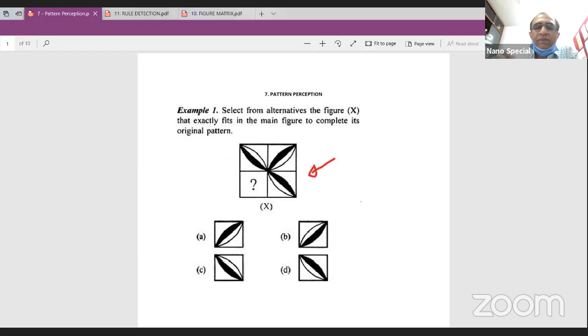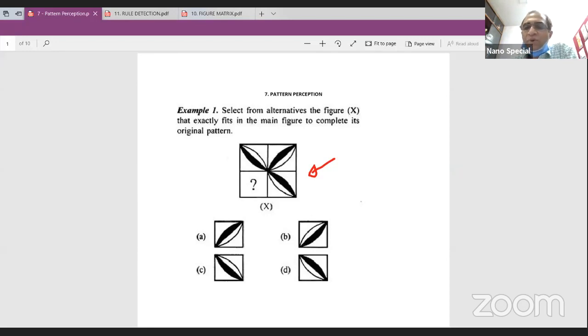So he's saying, what could be the one which could fit in here? Shreya and Sairam Satvik have both answered. Let us see if others can answer. Ruchita has answered. Madhumita, you have to check your answer.